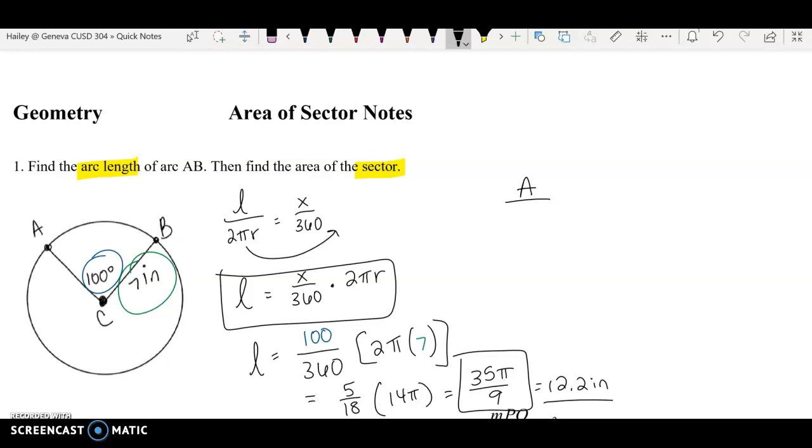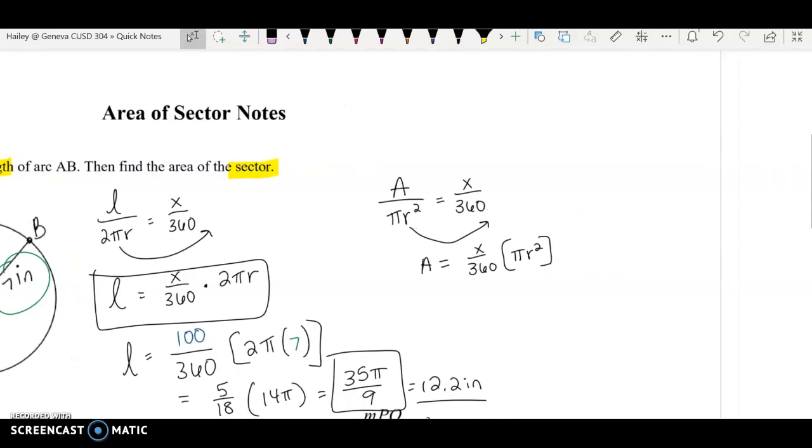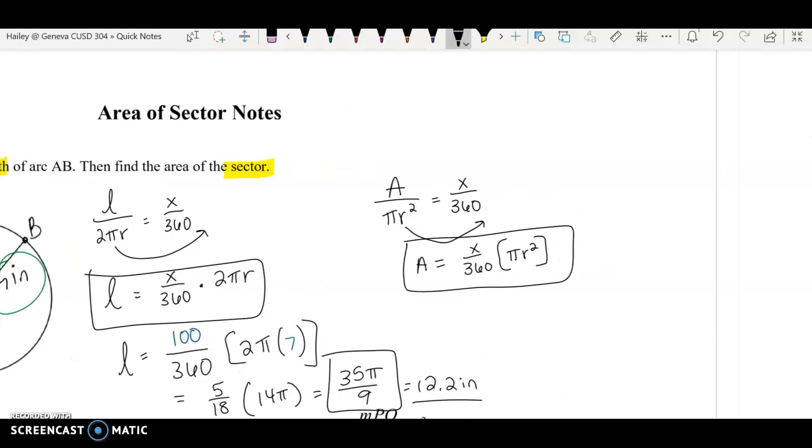So area of the sector, big A, over area of everything, which area of a circle is pi r squared. And it's still going to equal x over 360. So again, we can move this over, so you have area equals x over 360 times pi r squared. Okay, so that's the formula that we're going to end up using today.